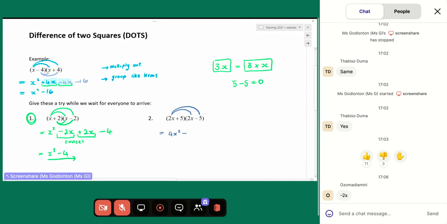Is it 4x squared minus 10x, plus 10x, minus 25? That is amazing. Well done. And then you get 4x squared minus 25. Beautiful. Really well done.